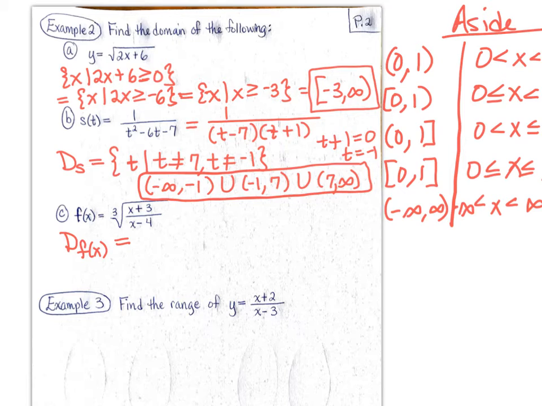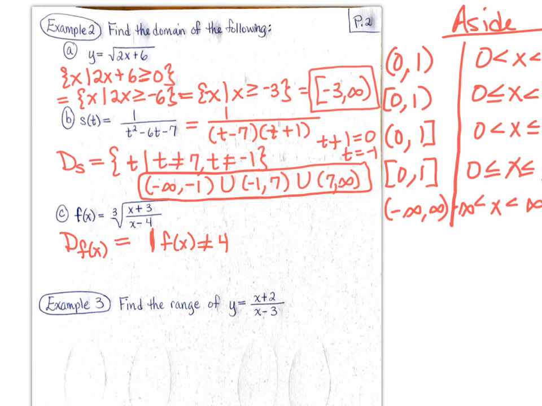Remember, you get participation credit as well. Domain of f of x, such that, so we write a vertical bar. Yes, such that f of x does not equal 4. Not quite. Go ahead, give it a try.